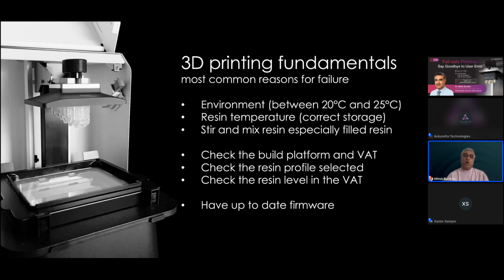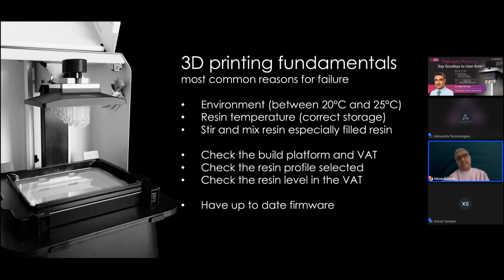Resin temperature is important. It's not all about where your printer lives. It's also about where you store your resins. I've seen practices where resins are kept in the path of direct sunlight in a lab or something like that, and it tends to heat up the bottle. The light doesn't necessarily get through an opaque bottle and cure the resin, but it doesn't help to have a very hot bottle as well.